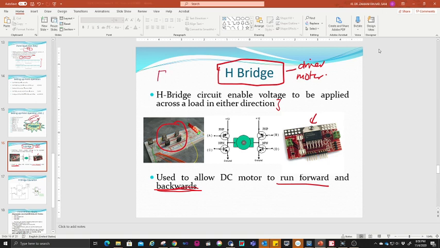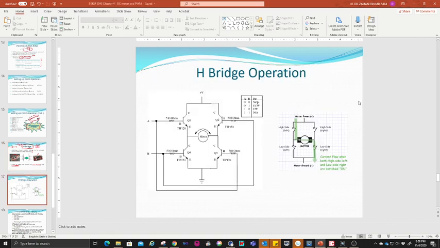For example, if your motor is moving forward and it wants to go backward, then you have to use the H bridge again. So this is not related to speed. The H bridge is the direction of your motor. Okay, so how does it work? Look at the concept here.